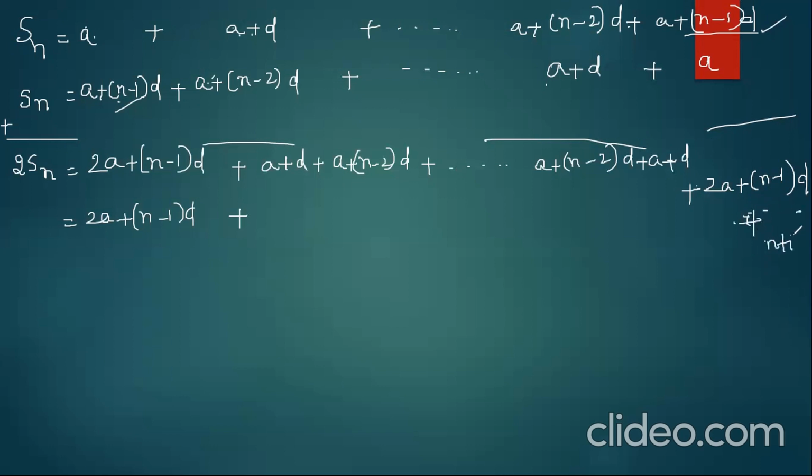N times, that I forgot. You are adding it n times. Plus so on, 2A plus (n minus 1) into D, n times.